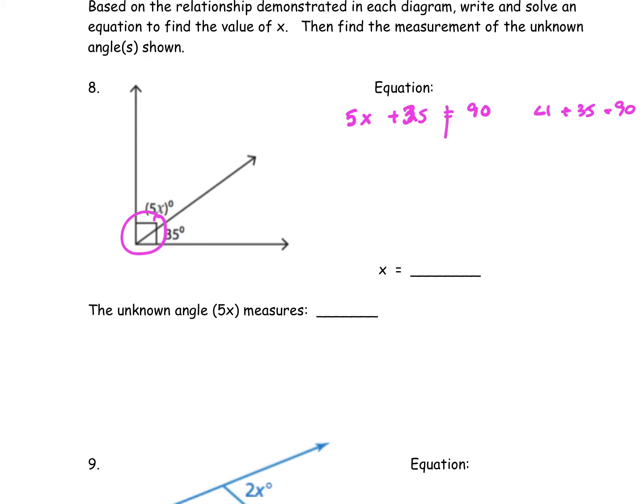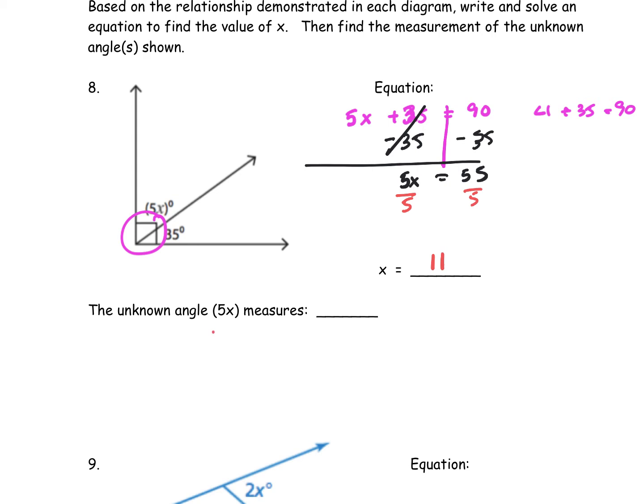So now we're going to solve. We're going to take away 35 from both sides, eliminating 35 on this side, and we're left with 5x equals 55. Now we're going to divide by 5 on both sides, so x equals 11.